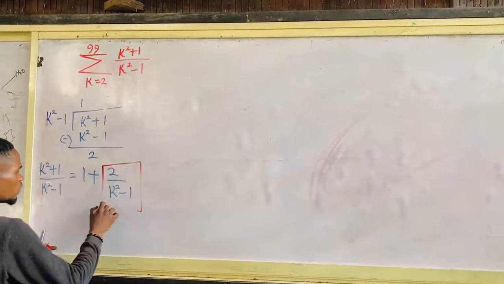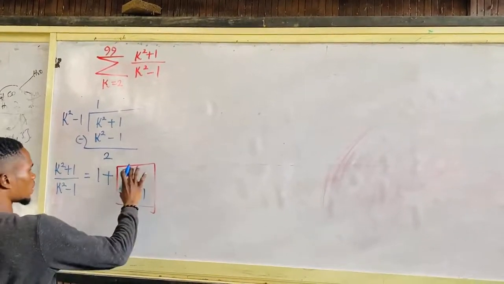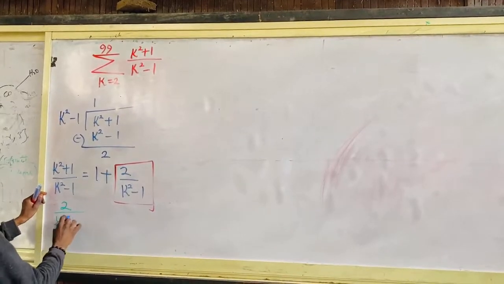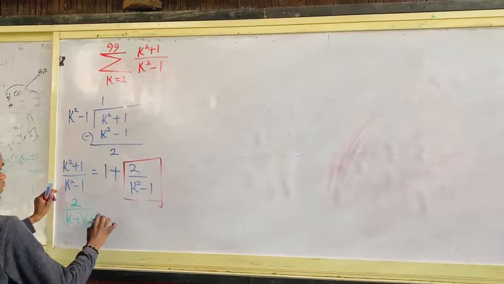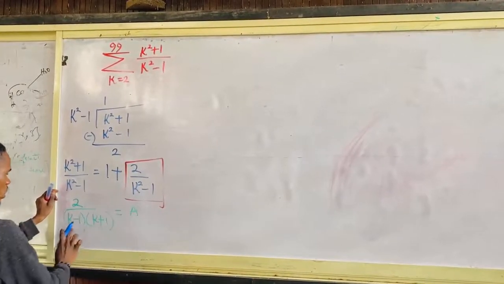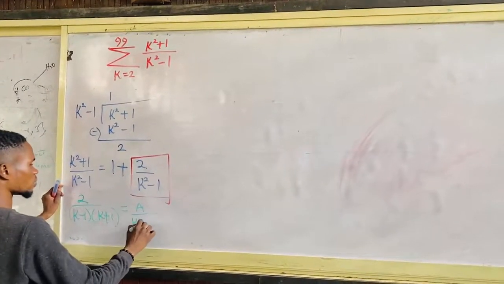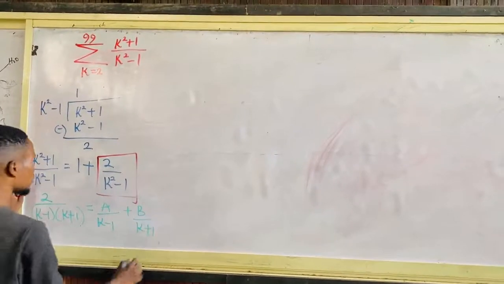Now let's resolve this into partial fractions. 2 over k squared minus 1 is 2 over k minus 1 times k plus 1. We notice they have two factors, k minus 1 and k plus 1. So A over k minus 1 plus B over k plus 1.